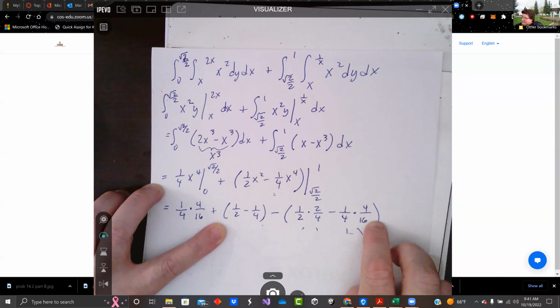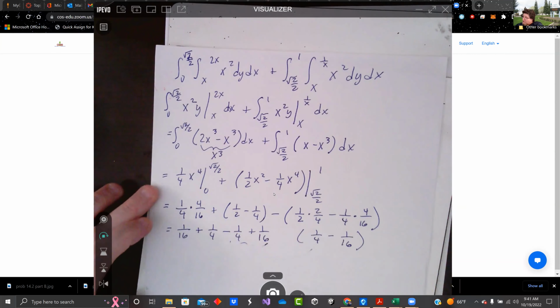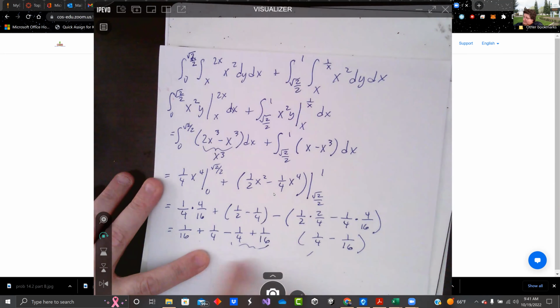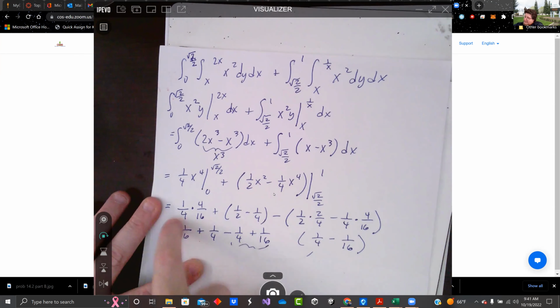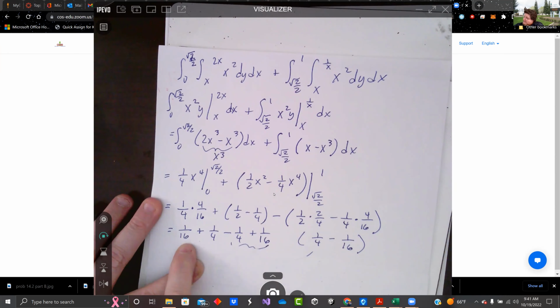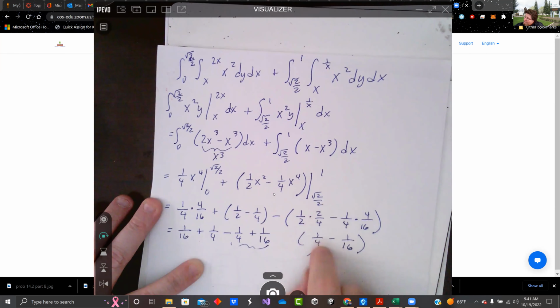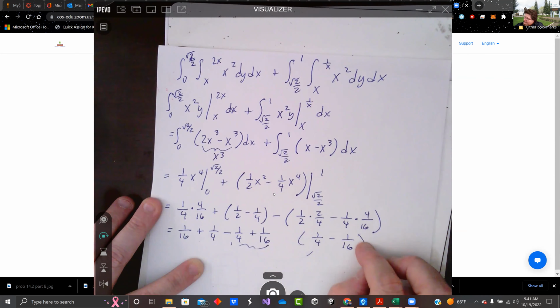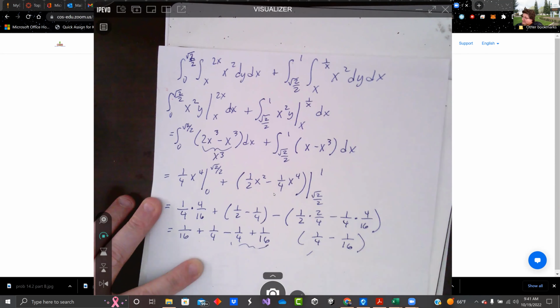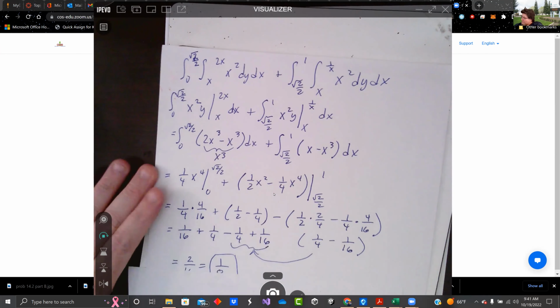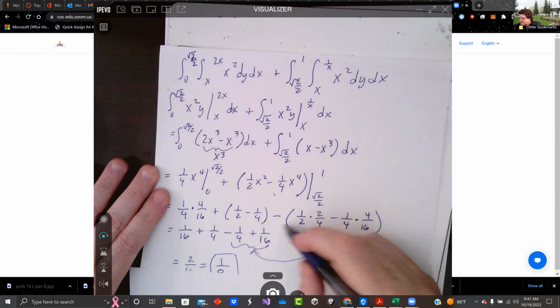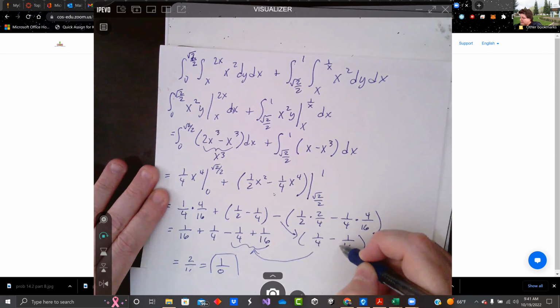And squared again is 4/16. So this 1/2 minus 1/4 is just 1/4. These clean up to 1/16. 1/2 times 2/4, or 1/2, is 1/4. And this cleans up, cancel out the 4s, is 1/16. And there's a minus sign there. So I just showed a little bit extra work there.